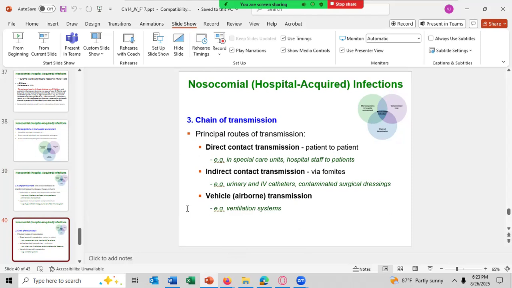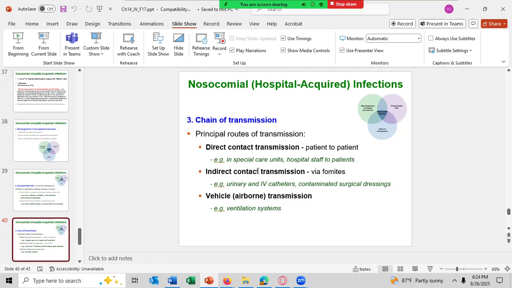And then the third reason is there's a chain of transmission in the hospital or hospital-like environment, and the patient gets the disease-carrying organism. It could be direct contact transmission, like a patient in the room with another patient and they shake hands. You can pick up the nosocomial infective agent that way.